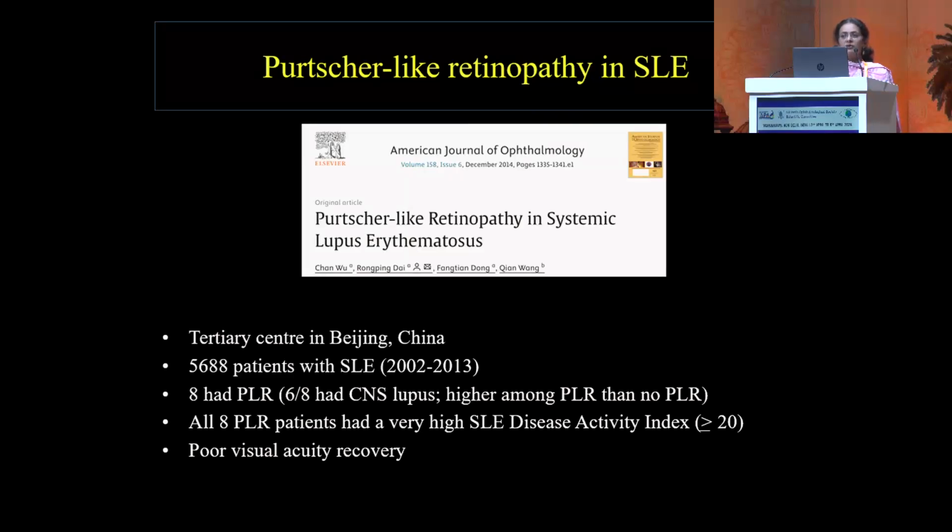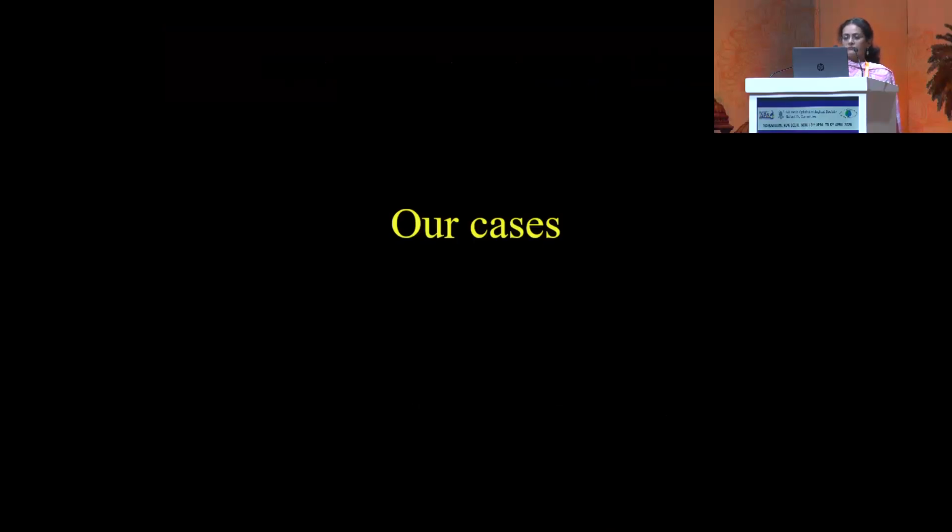Out of these 8 patients of PLR, 6 had CNS lupus, and this was found to be higher in patients who had PLR as compared to those who did not. Surprisingly, all these 8 PLR patients had a very high SLE disease activity index, which is 20 or more, and almost always associated with a poor visual acuity recovery.